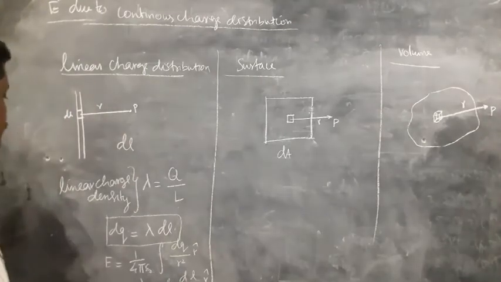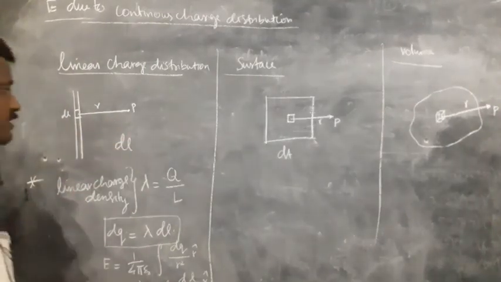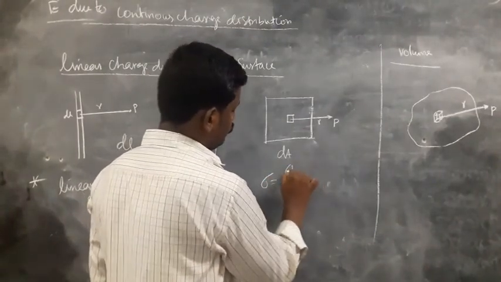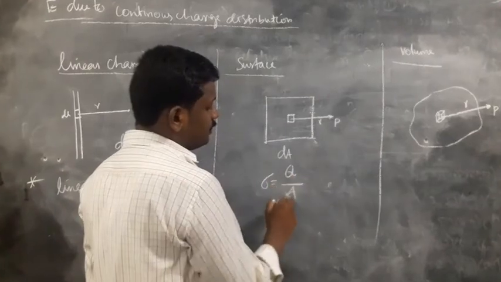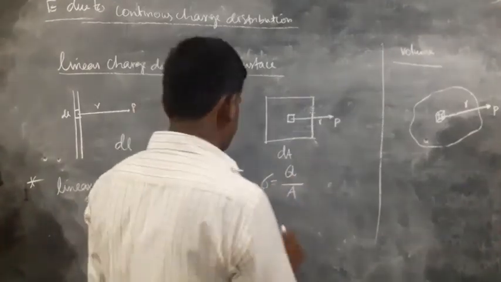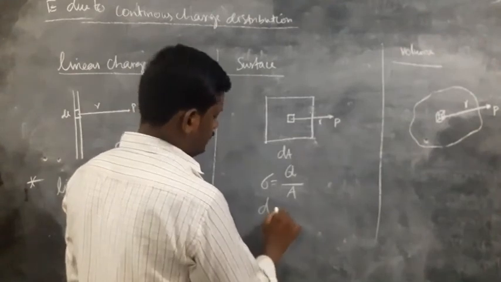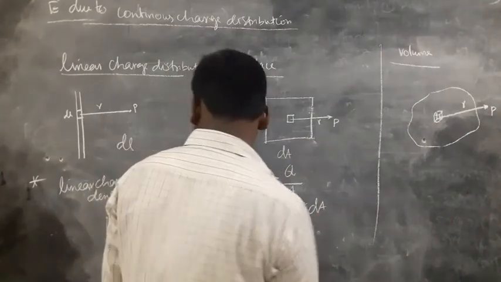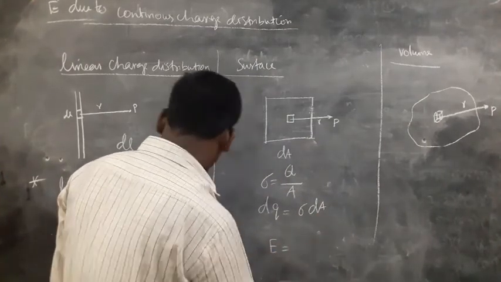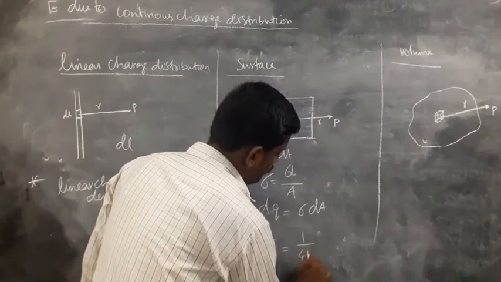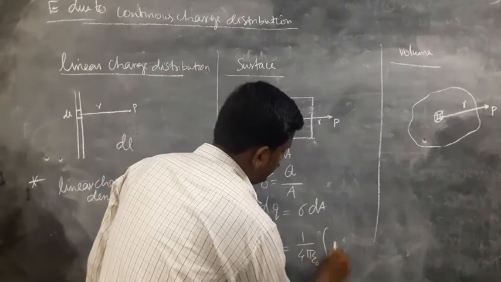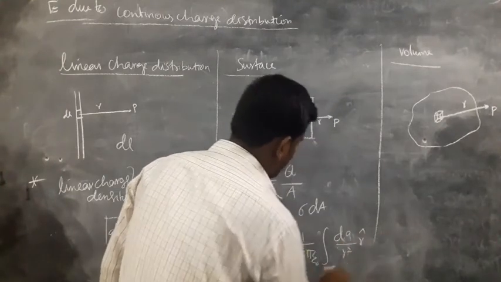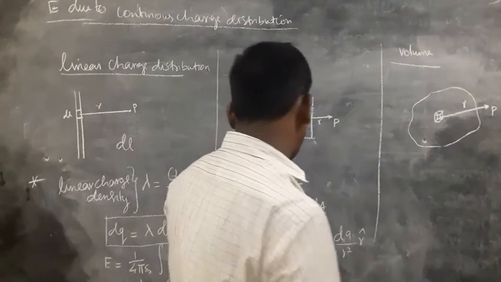Similarly for surface charge density, sigma is Q by A, that is charge per unit area. Then dq is equal to sigma times dA. We substitute all those things and get E equal to 1 by 4 pi epsilon naught integral dA by r squared r cap, with sigma.